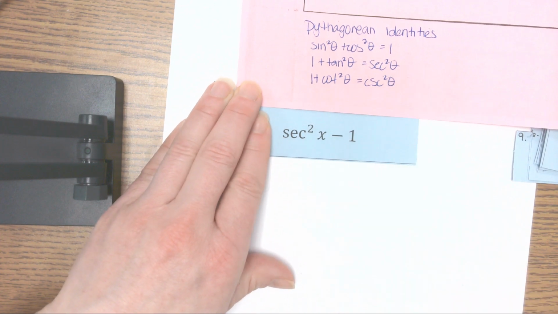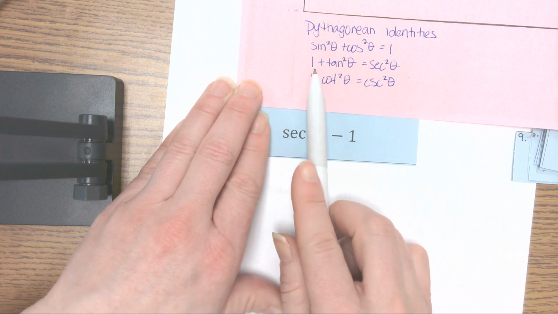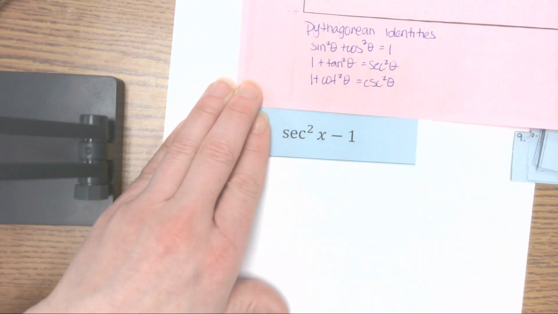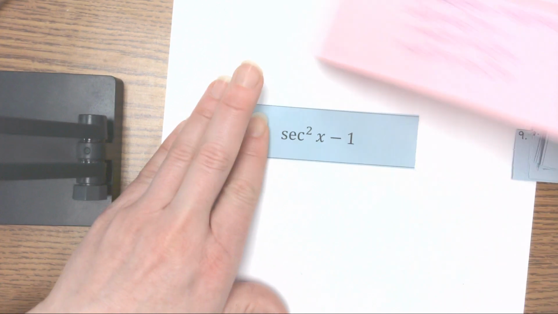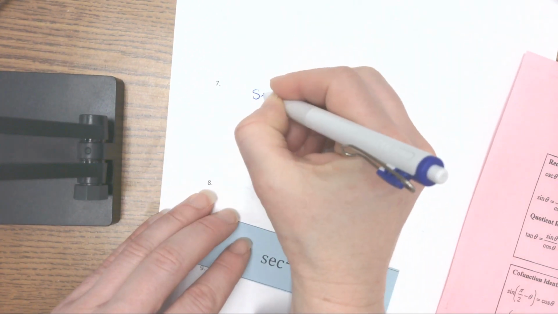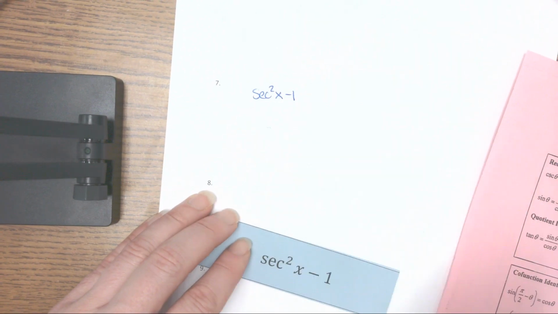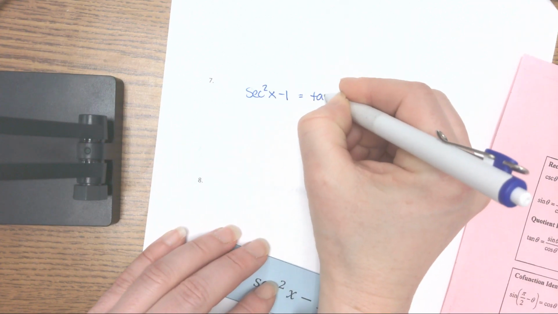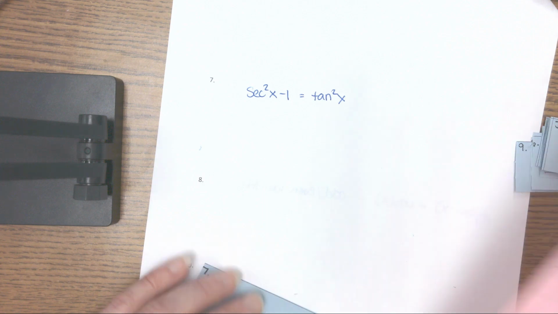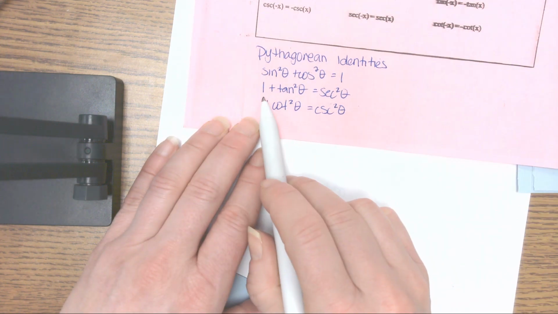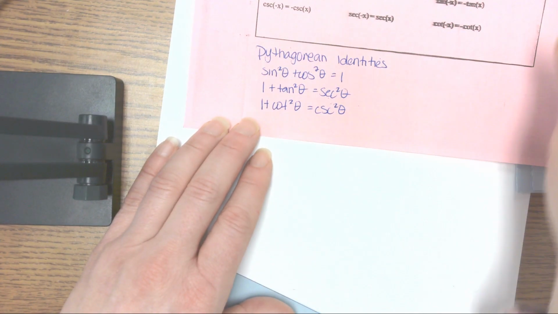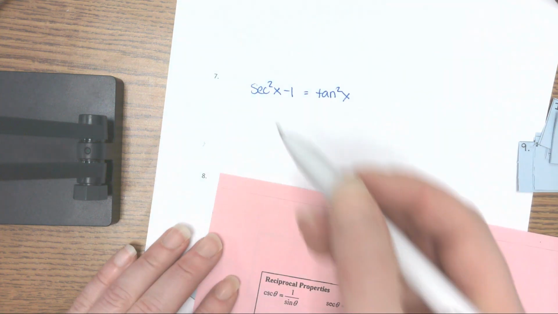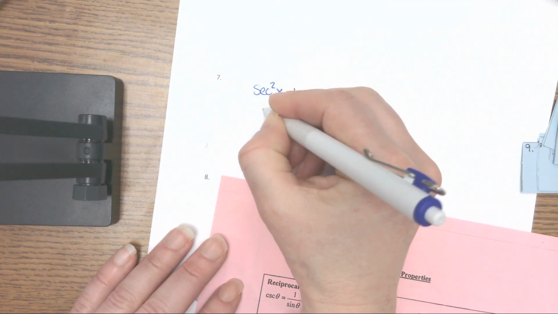In other words, I'm going to write that down, secant squared x minus 1, I could get to by rearranging the Pythagorean identity. If I subtract 1 off both sides, I would get secant squared x minus 1 equals tangent squared. And this is a Pythagorean identity.